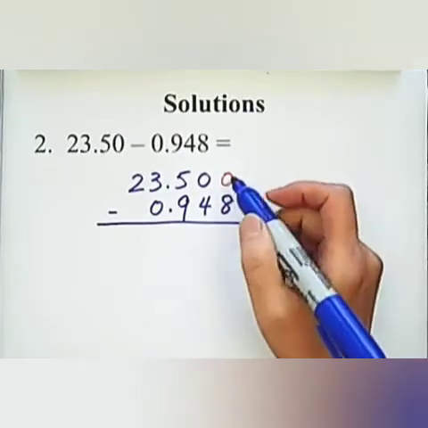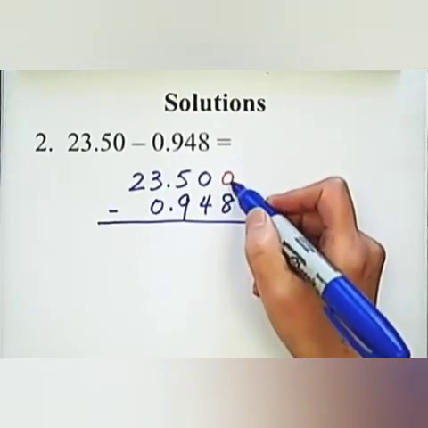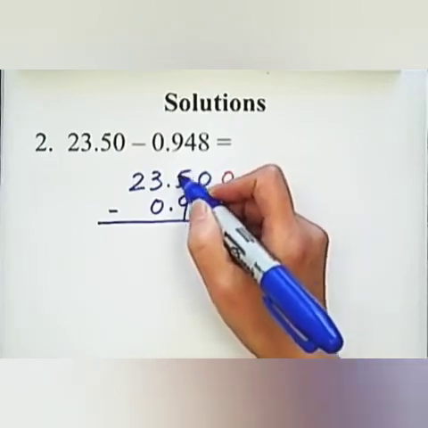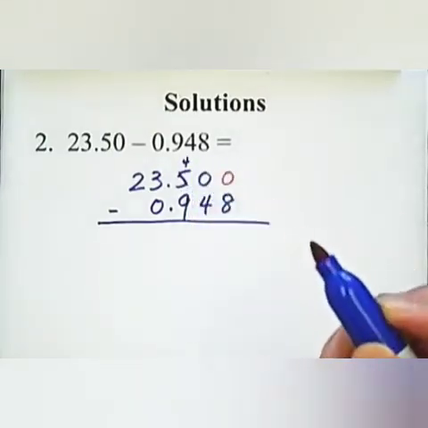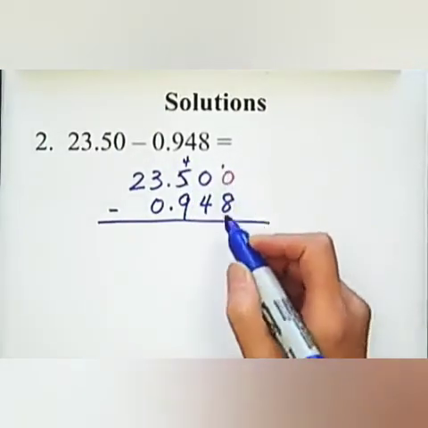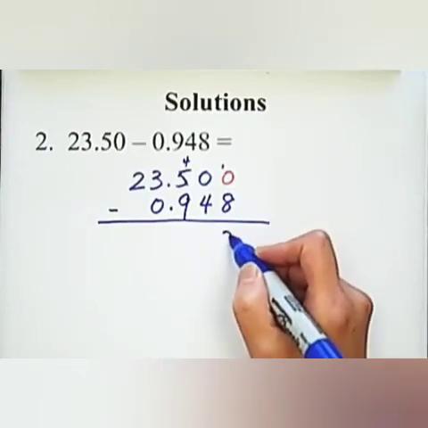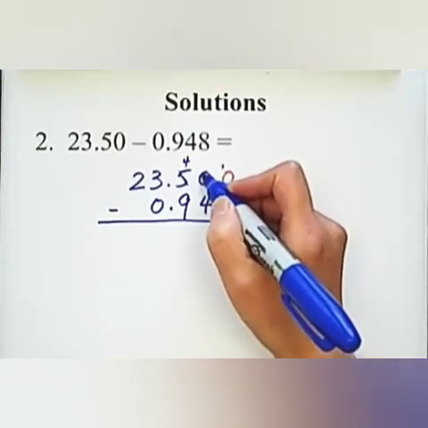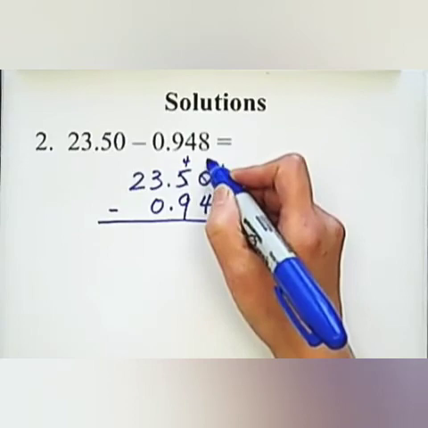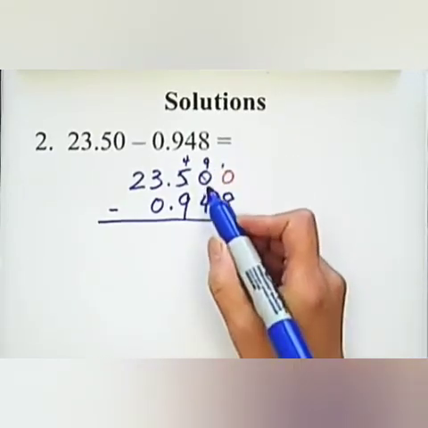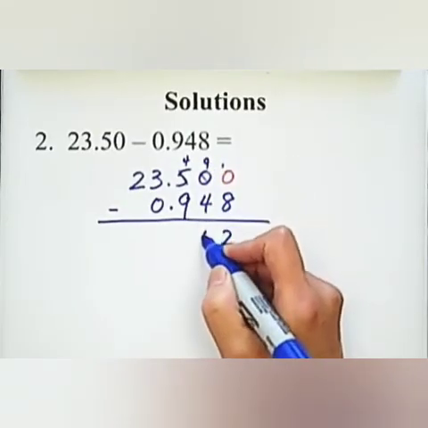When you subtract, 0 is smaller than 8, so borrow 1. So this 10 minus 8 equals 2. This will become 9. So 9 minus 4 equals 5.